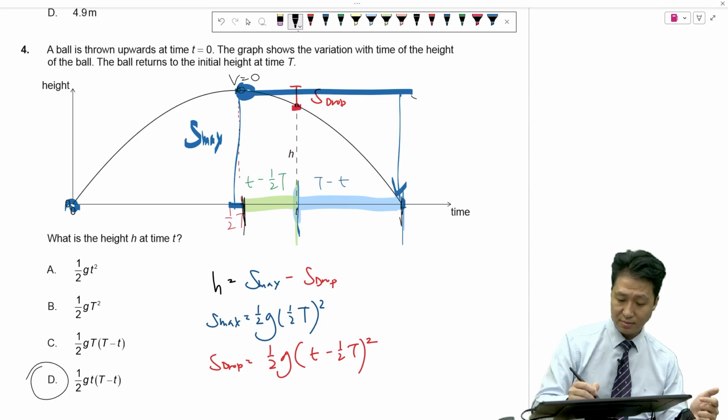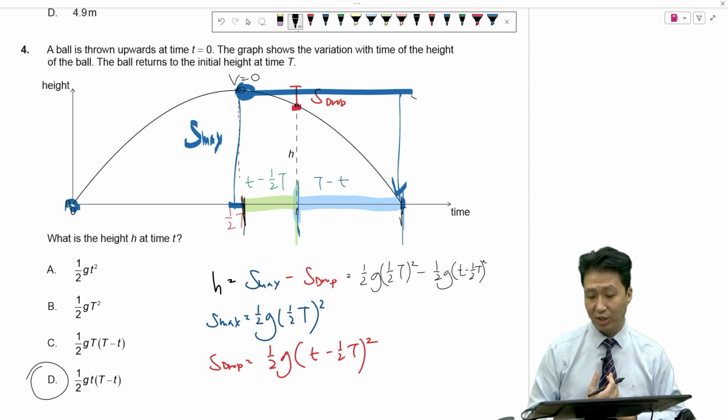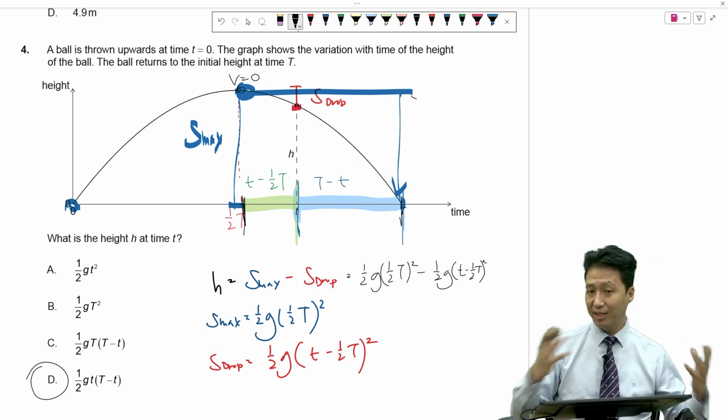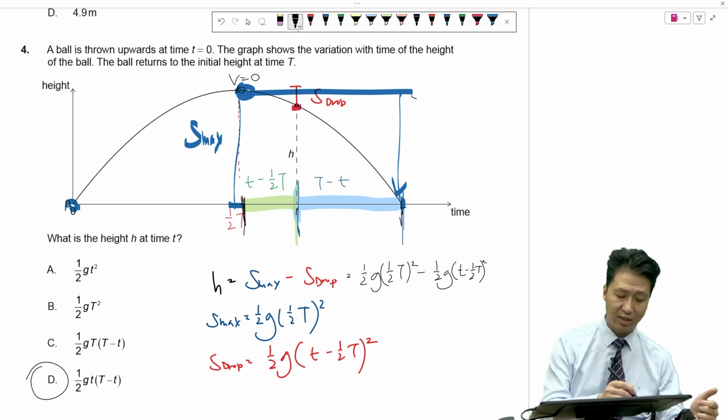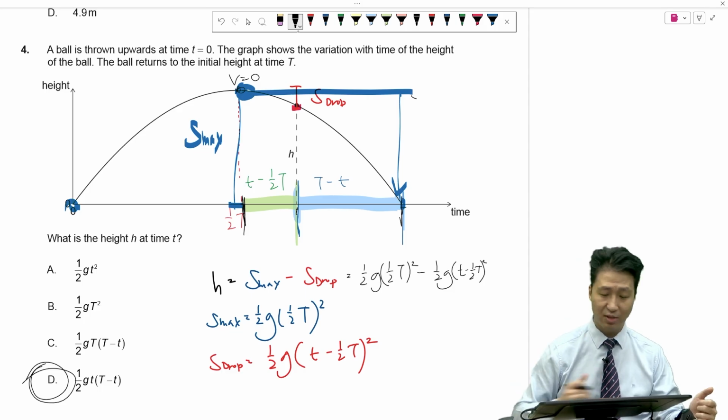Using this, you would get 1/2 g times 1/2 T squared, minus 1/2 g times t minus 1/2 uppercase T squared. It's a little bit more work, more involved, but if you expand this and simplify, you will still get the same answer as D. I'll leave that proof to you, and we'll go to the next question.